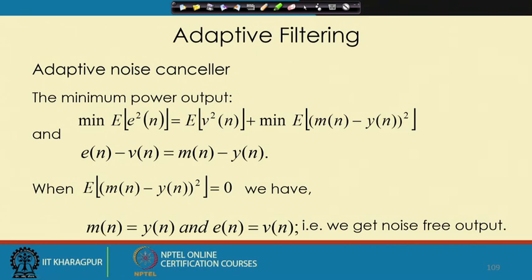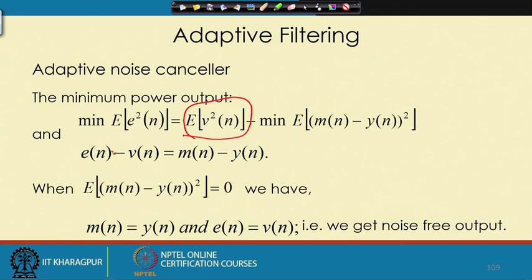Now, when we try to minimize this error, or MSE, the expectation of e square n, we get a term with the first term, and if we try to take the minimization, we do not find any effect on it.